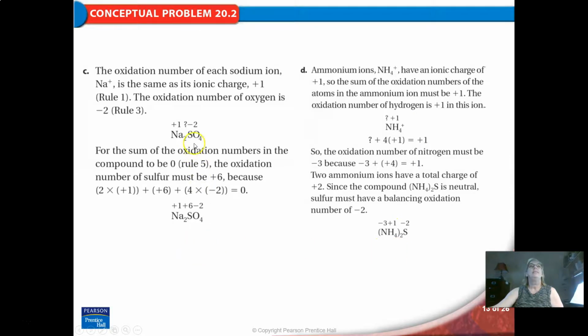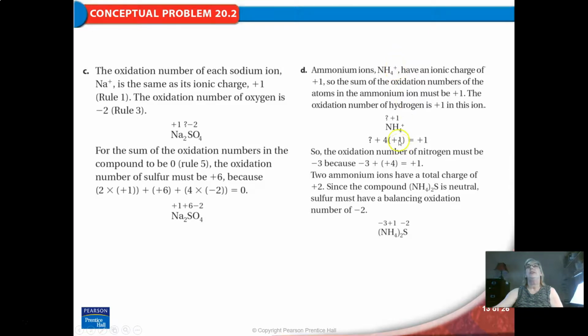Let's try this. Each sodium is +1. You have 2 of them, so that's +2 on this side. Sulfate is -2 overall. You have -8 on this side, so sulfur has to be +6. Ammonium, +1 here.